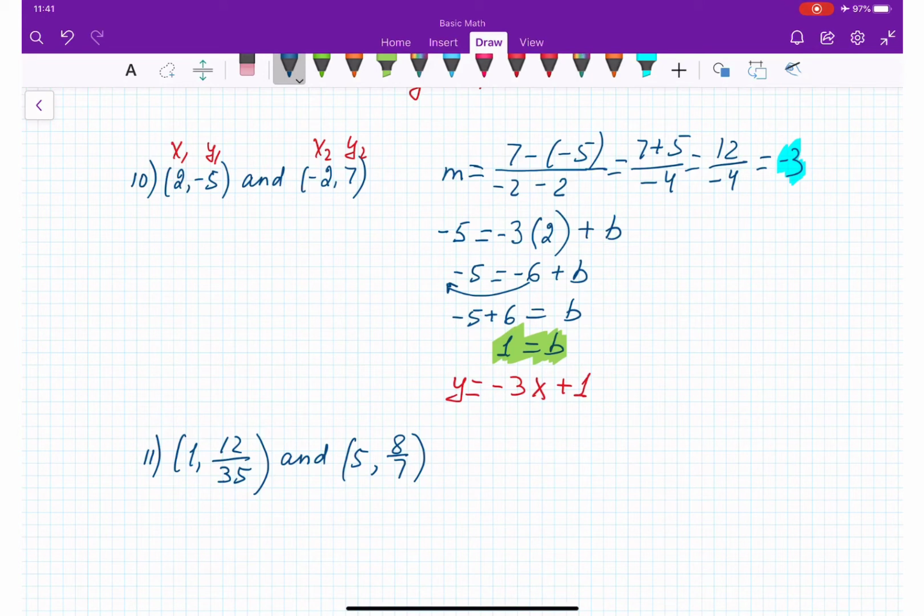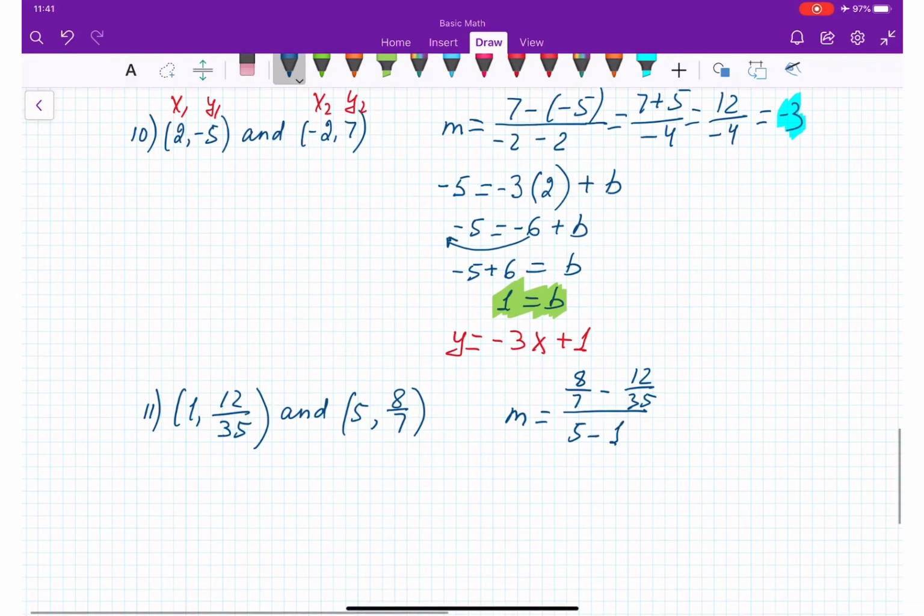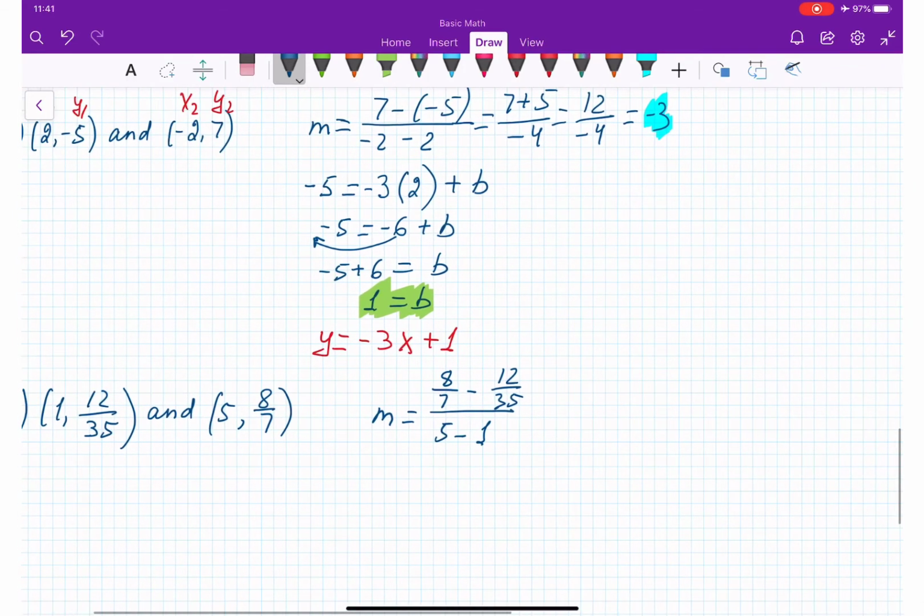M is equal to 8 over 7 minus 12 over 35, over 5 minus 1. Okay, well, let me do some drafting here. 8 over 7 minus 12 over 35. The common denominator is 35, right?